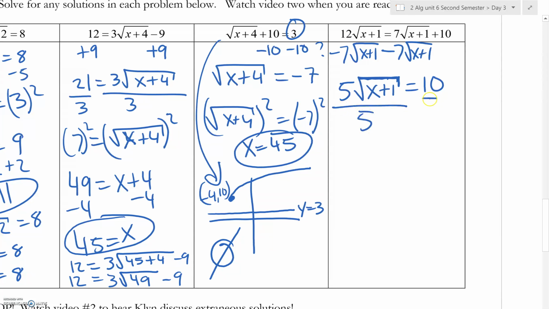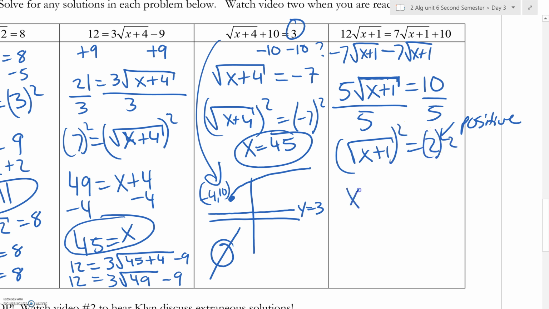Then if we divide by 5, square root of x plus 1 will equal 2. Notice that's a positive, so we're not going to be dealing with extraneous solutions. Square both sides, and x plus 1 equals 4, making x equal to, that's right, 3. So again, the key with extraneous solutions happens when you're just about ready to make the square step.